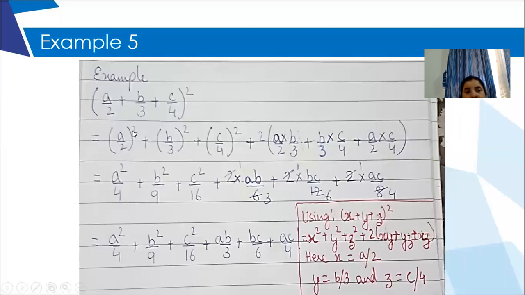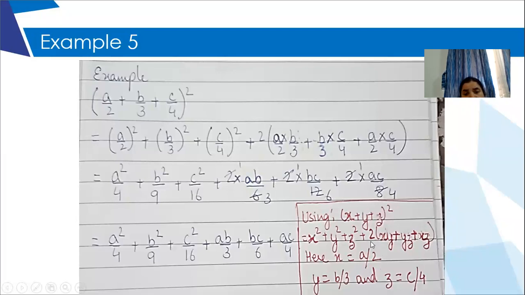Don't just write it without bracket, because then you will forget to apply the square on the denominator, because this way it is shown that the square is applicable to both numerator as well as denominator. What children do is they write it without bracket. That is incorrect, not the correct way of writing, because you are replacing your x, and your x is a by 2 and x has got a square.